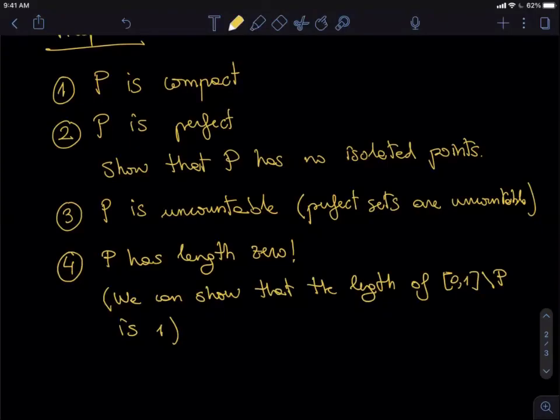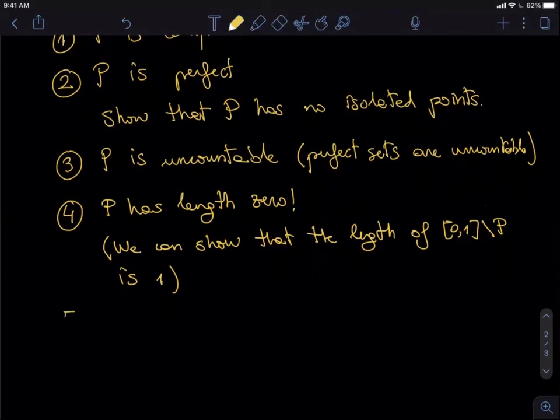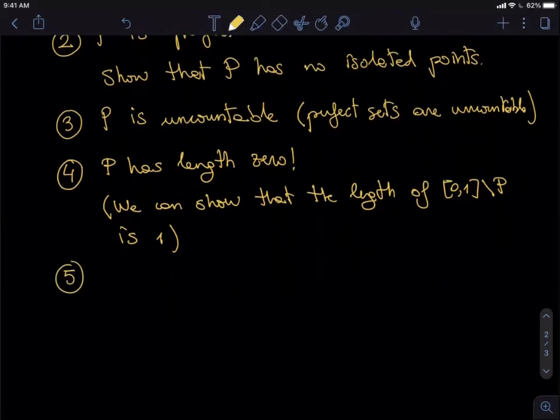And finally, I would like to mention that the Cantor set is an example of a fractal. Fractals are self-similar. Well, P is self-similar. So that makes it a fractal.